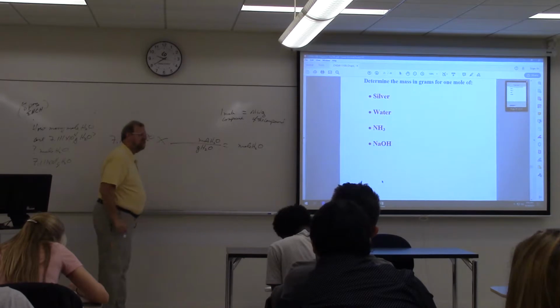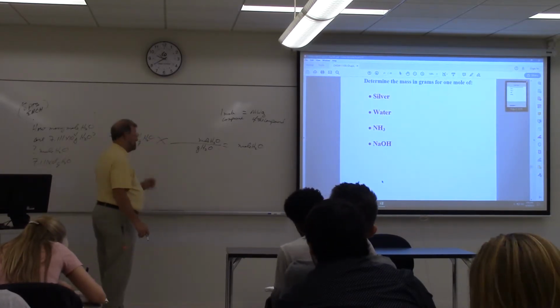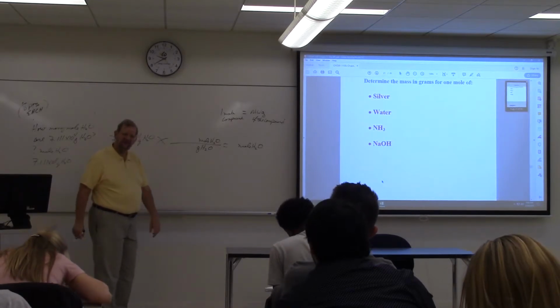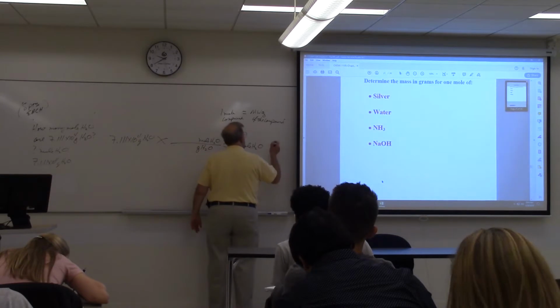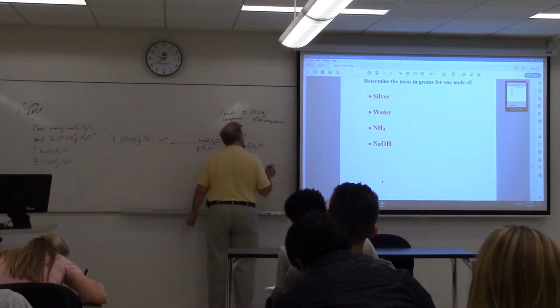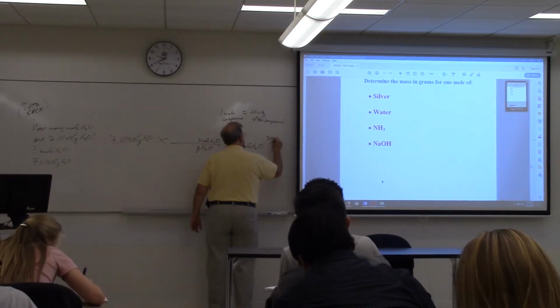And where do I get these numbers? 1 mole equals the molecular weight. He didn't give us the molecular weight, so you've got to calculate it. And we did this already. Water, molecular weight is the sum of all atomic weights: 2 hydrogen, 1 oxygen.